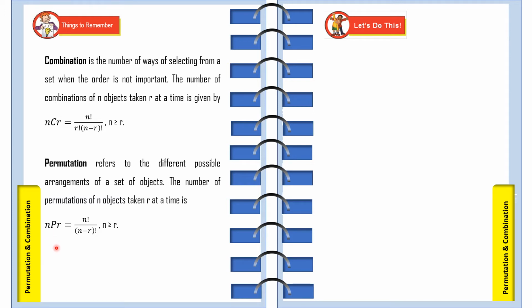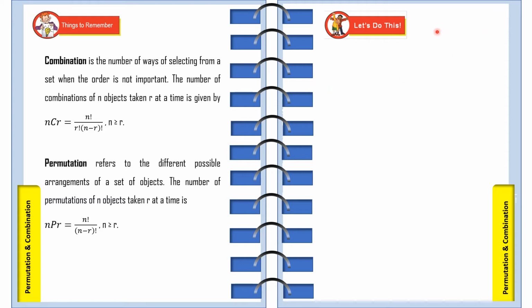So para mas madali nyo ma-identify yung formula, kapag C, syempre, yun ay combination. Kapag P na yung ginamit natin, permutation yung pinag-uusapan natin dyan. So this is equivalent to n factorial all over n minus r factorial, given that n is greater than or equal to r. Okay? So that's a review of the important concepts na kailangan natin sa lesson na to.